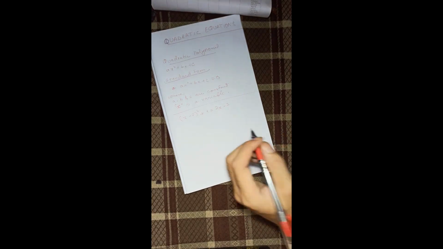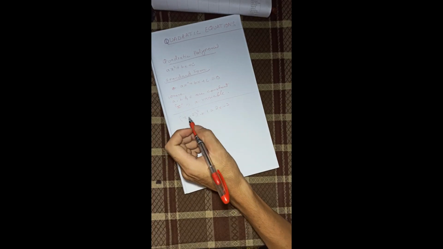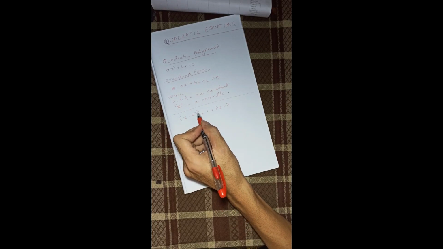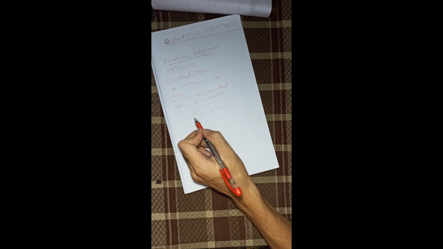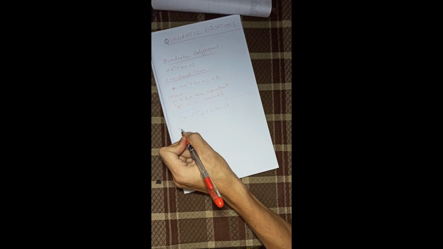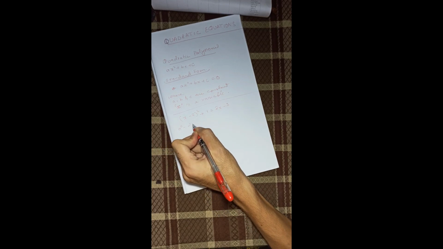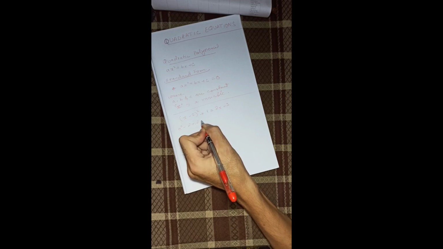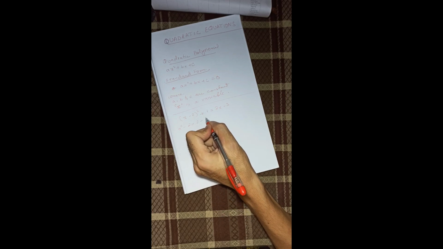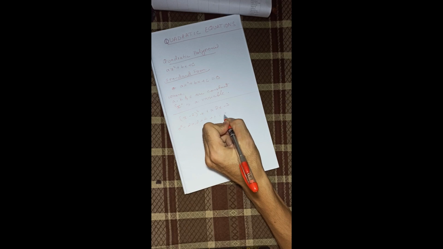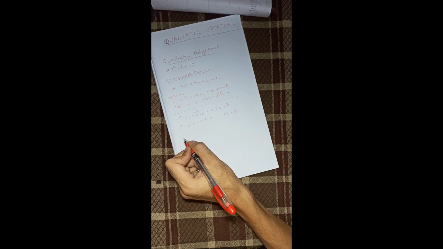So first thing we need to do is open this bracket. This is in the form a minus b whole square: a square minus twice ab plus b square. 2 into 2 is 4, plus 1 equals to 2x minus 3.